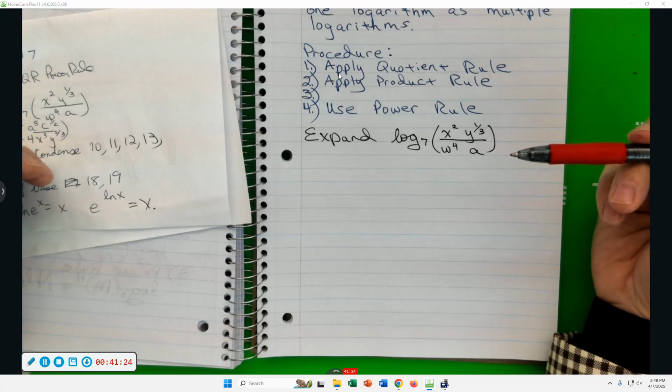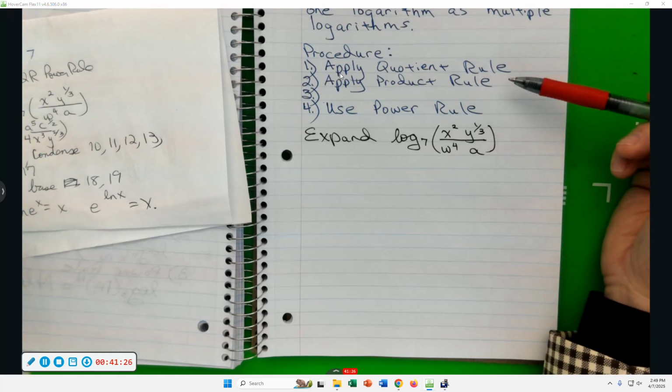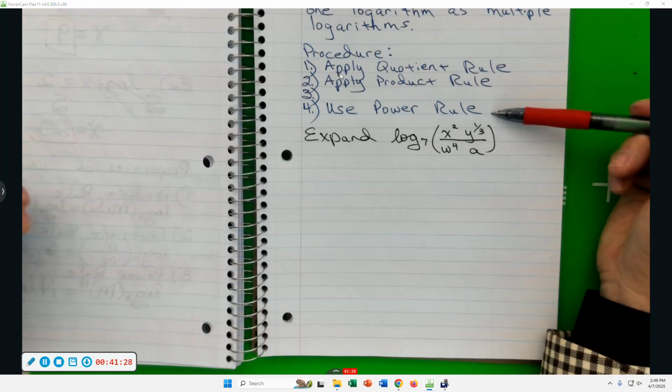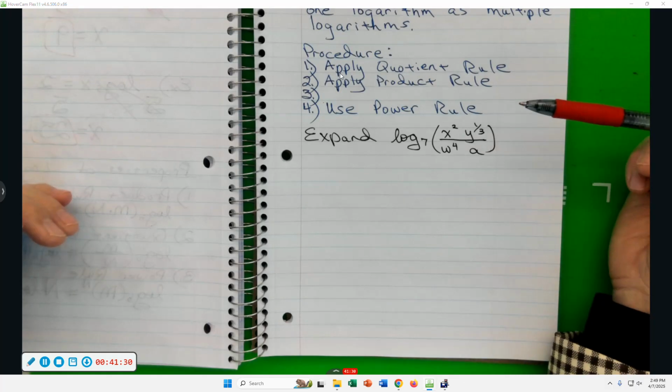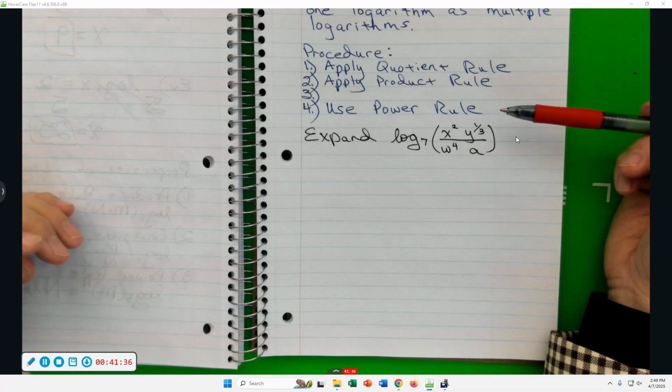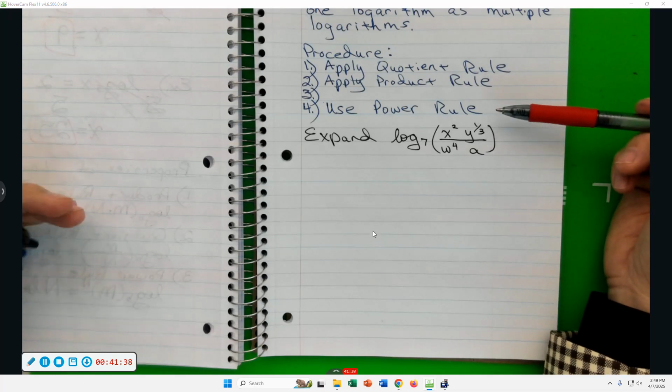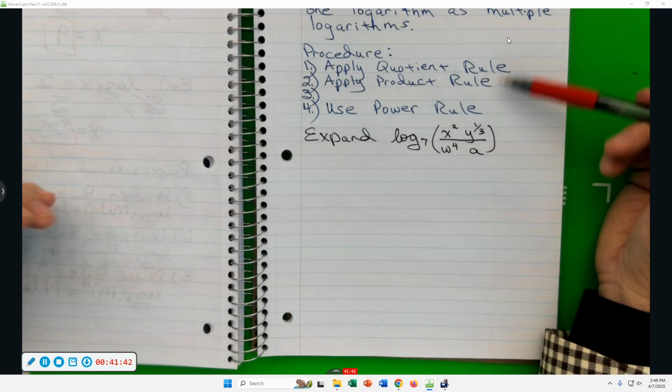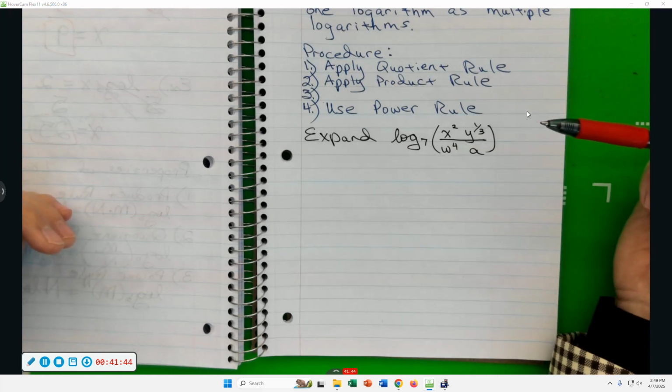So I'm going to go through and follow this 4-step procedure. Once we get to the final answer, we're going to look at it and figure out a way to get these things expanded quickly in only 1 or 2 steps. This first problem, I'm going to go through the entire process, but you need to be looking at patterns.